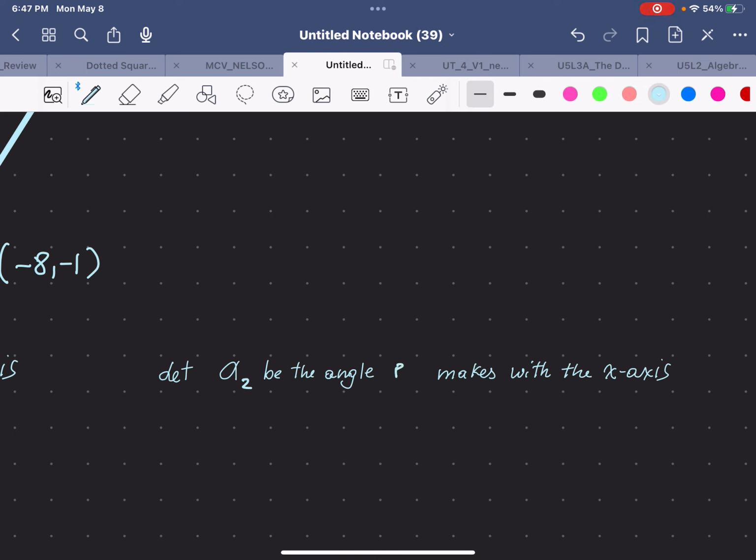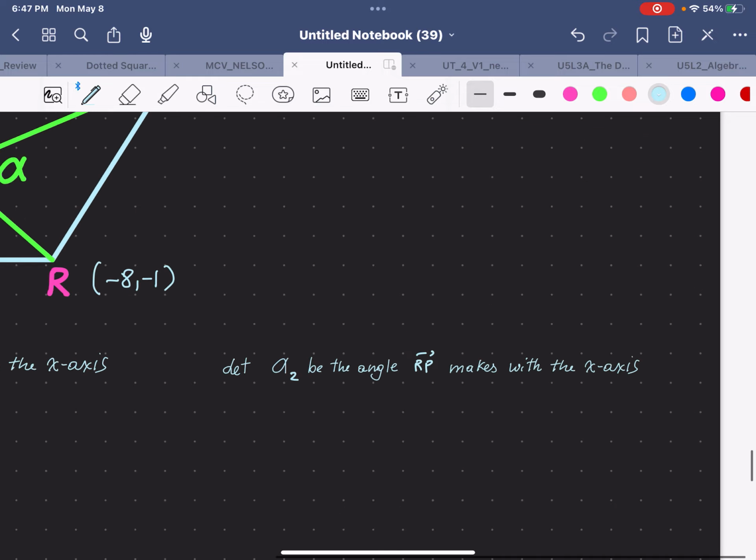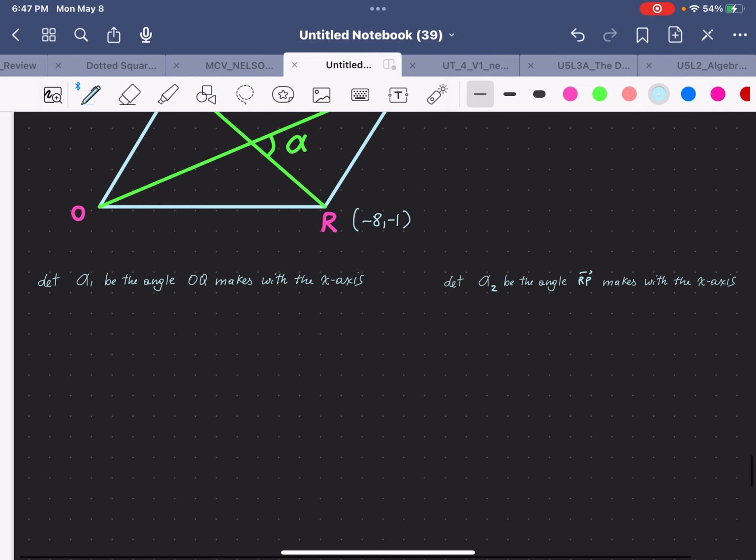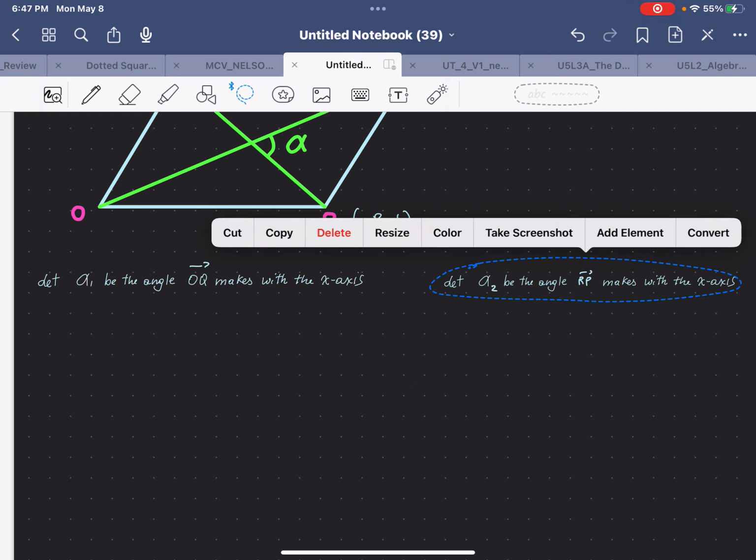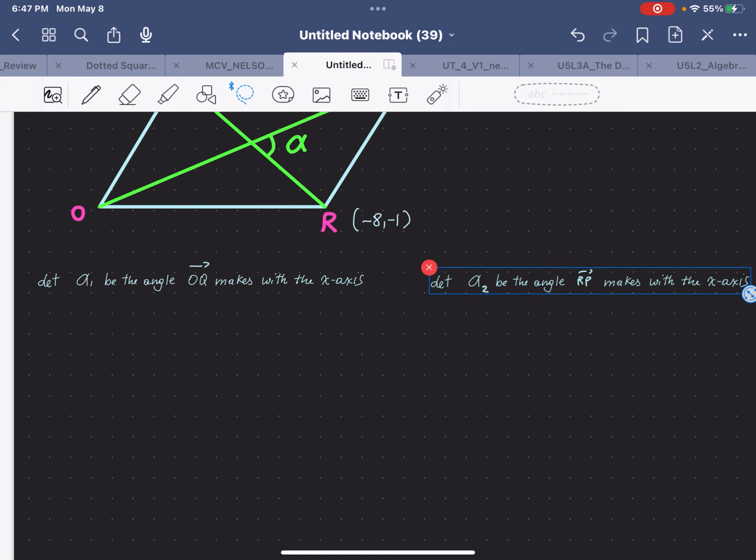Now, just like we did in the previous example with finding the angles of two sides, we're going to try to find the angles that OQ makes with the x-axis and what RP makes with the x-axis. Now, remember how we did this? We did this by finding the coordinates of each respective vector. Sorry, I have to resize. This is too small. Okay.